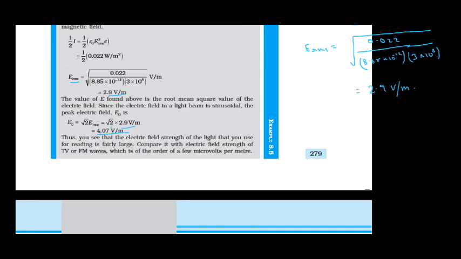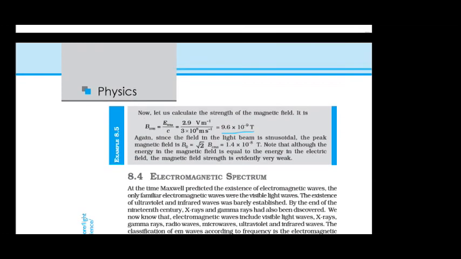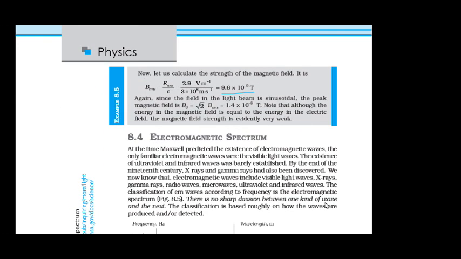So now we have already found E naught's value. Now B RMS is equal to E RMS upon C. Put the value of E RMS and then the value of C, and we get 9.6 into 10 to the minus 9 Tesla.